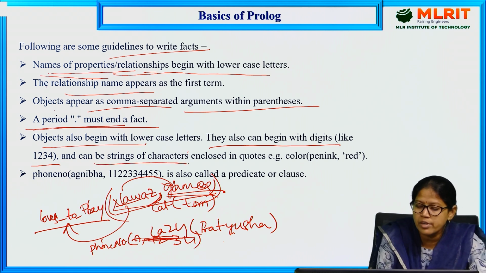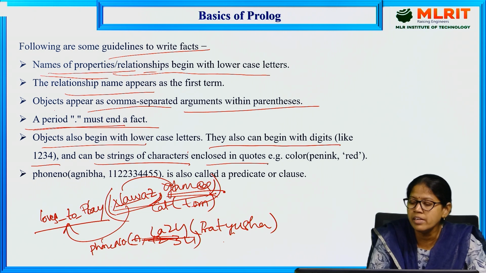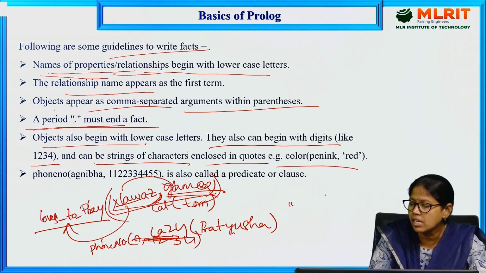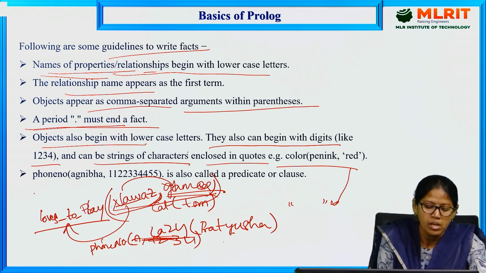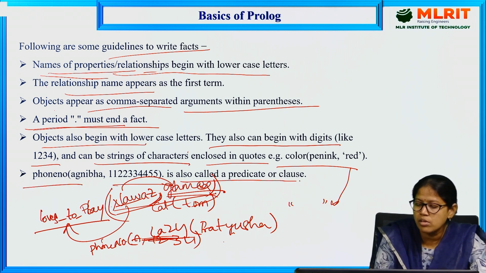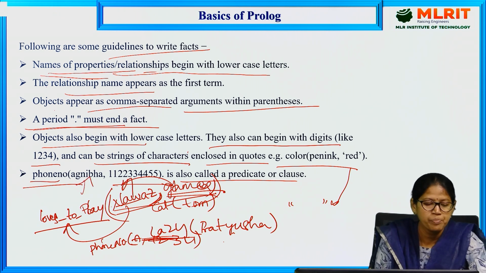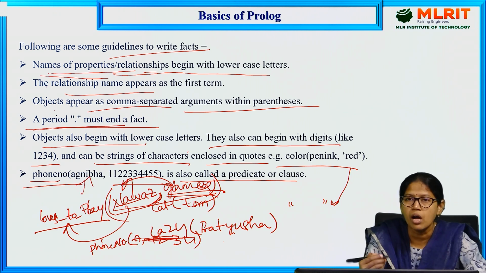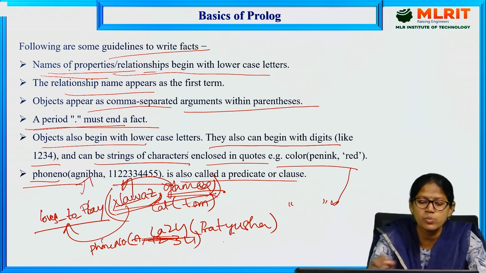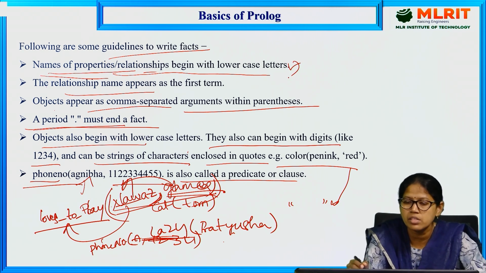And it can be a string of characters enclosed in quotes. For example, color, pen, ink color, red, like that. Phone number is also called a predicate or class. So phone number, Agniba, and this is the phone number. So these are the rules for how to write the facts. The first one is names can start with lowercase.